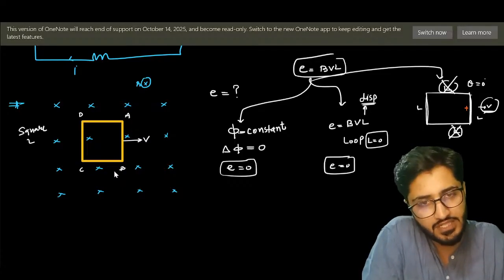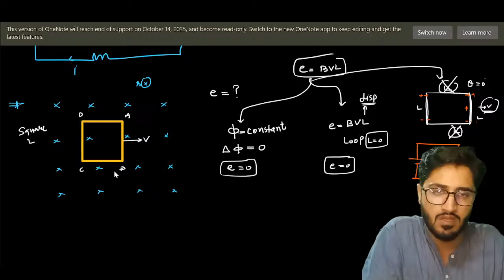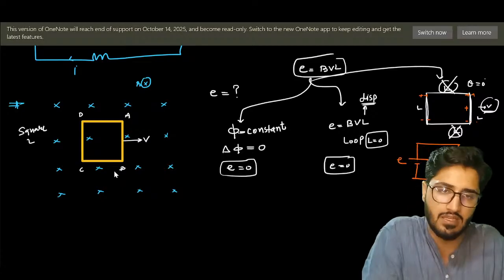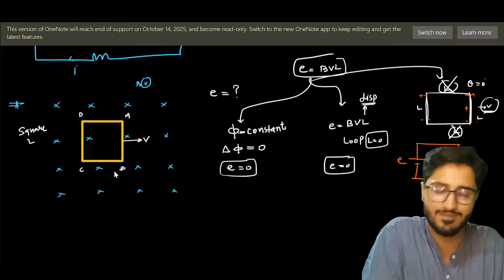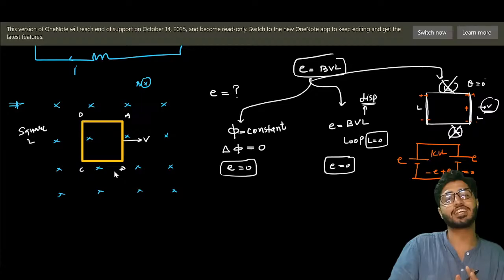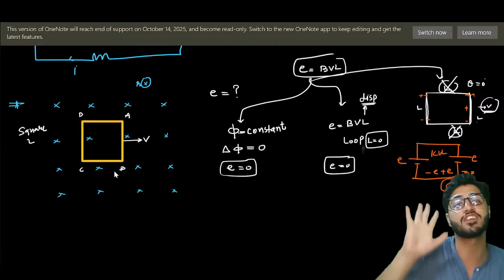Let's talk about plus charge here. So plus will be here, negative here. Plus here, negative here. So it will act like this now. Both EMF E, E. So let us use KVL. I can write minus E plus E is 0. Answer is 0. So we just completed a single numerical in 3 different ways.